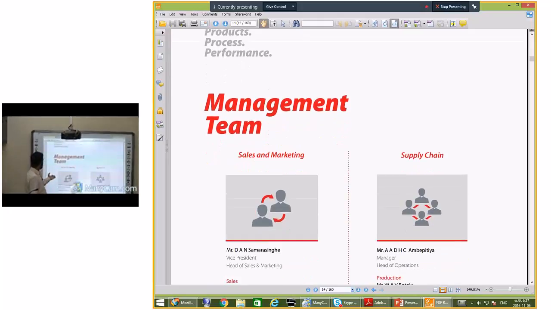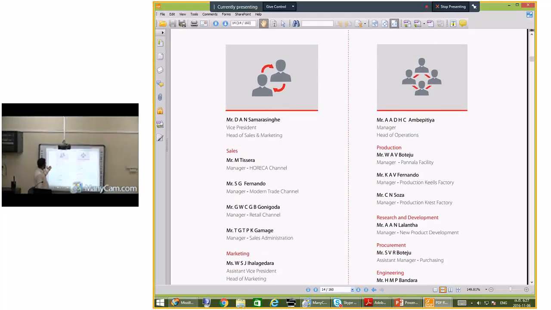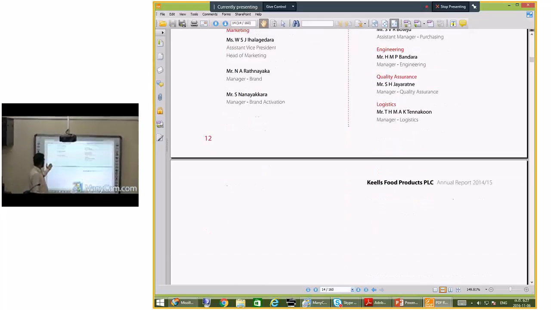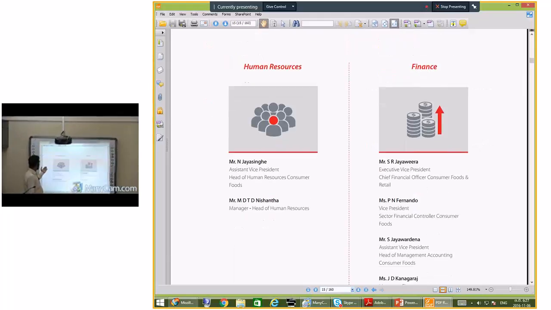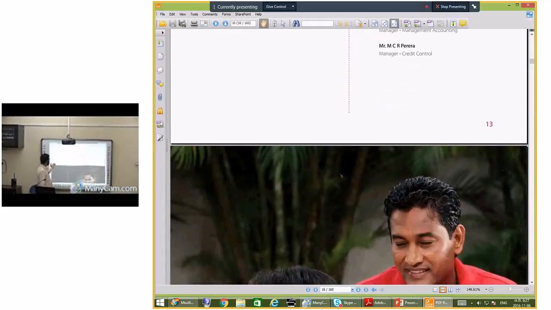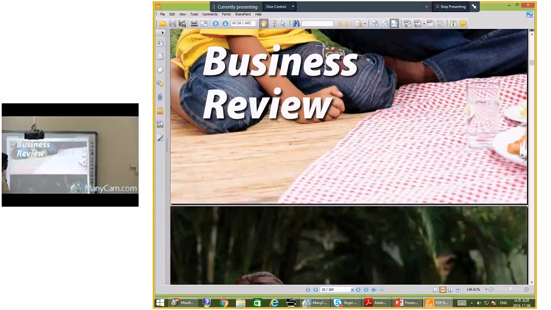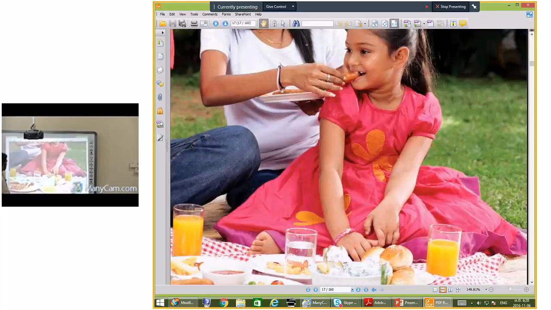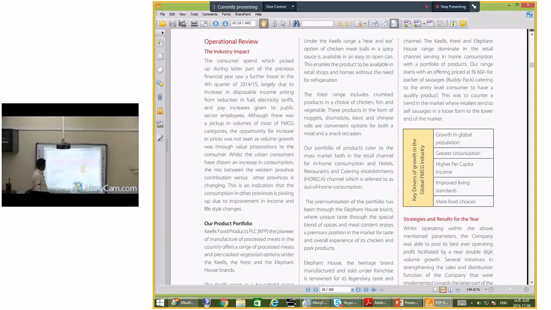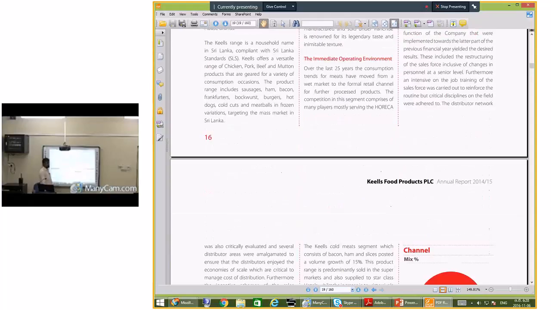Now here you can see the management team, their names and relevant positions. In some cases you can see some famous photos also. And also they are using this type of annual report as a marketing tool, no? Marketing tool.